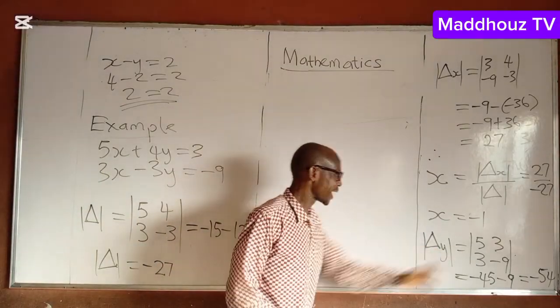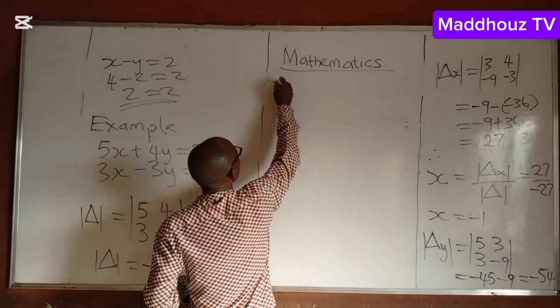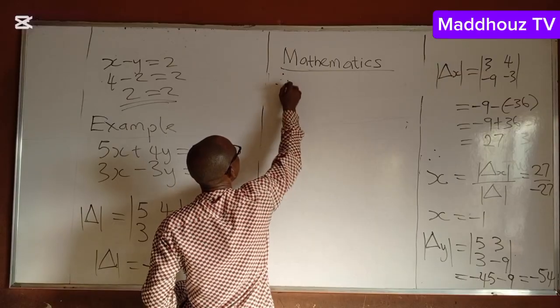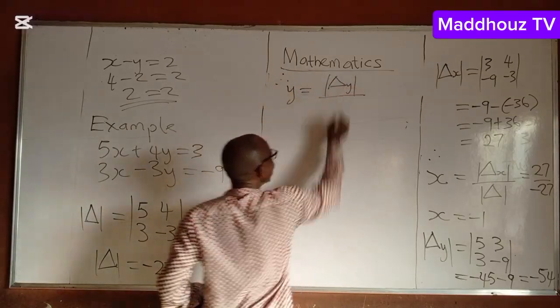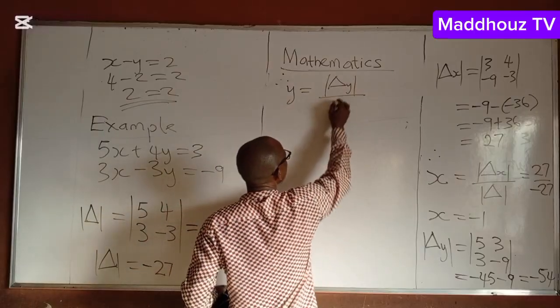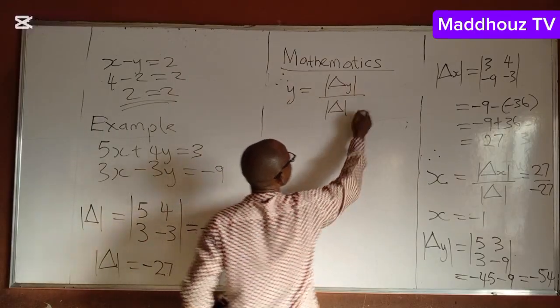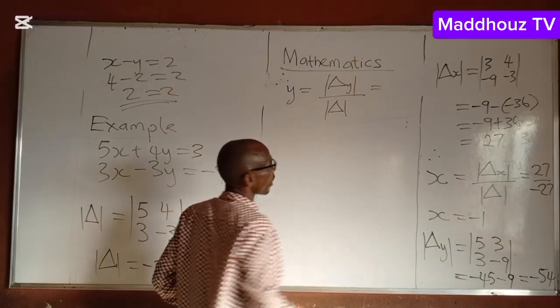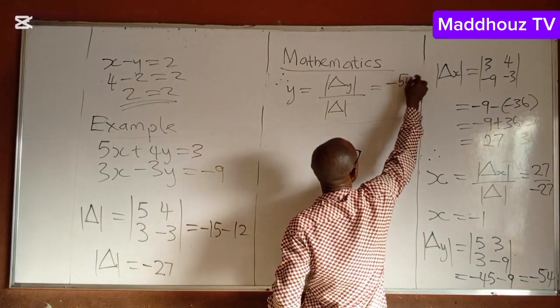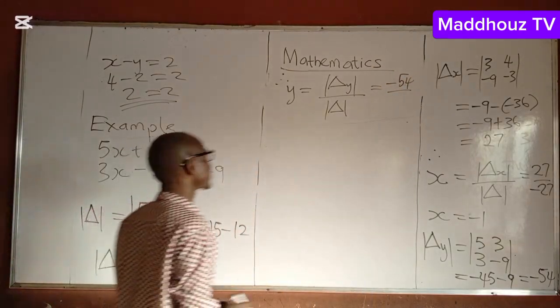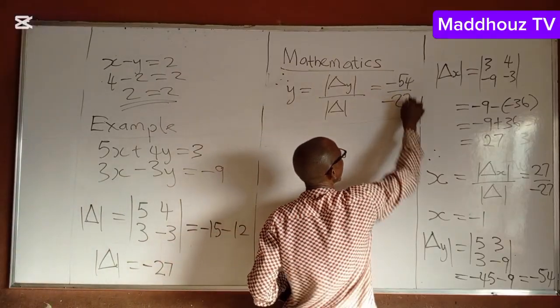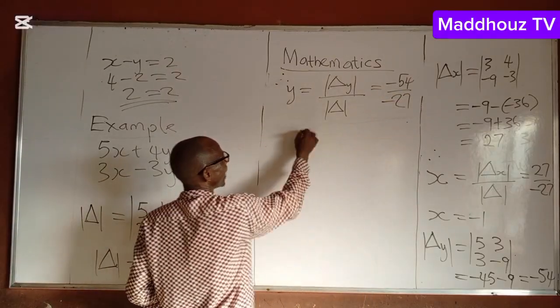So that becomes the determinant of y. To get the value of y, therefore y is equal to the determinant of y divided by our general determinant. The determinant of y is minus 54 all over our general determinant, which is minus 27. Let's divide that.